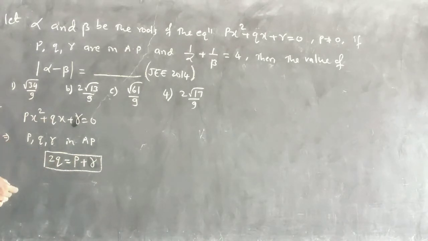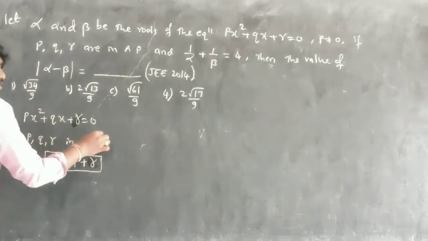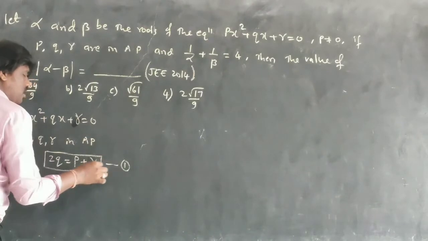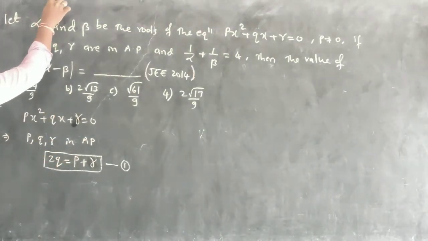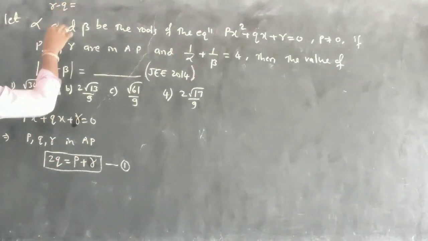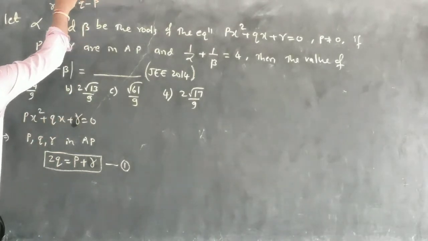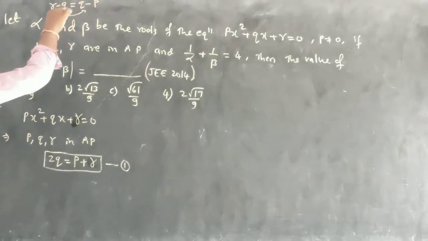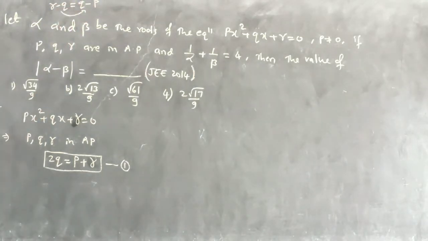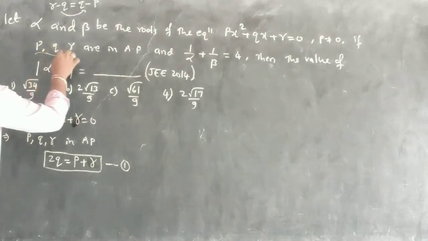So 2 times Q is equal to P plus R. This is the rule for being in AP. How did you get this? R minus Q is equal to Q minus P, and sending terms to each side, you get 2Q is equal to P plus R, because in AP the difference of two consecutive terms is the same. So this is the first condition.